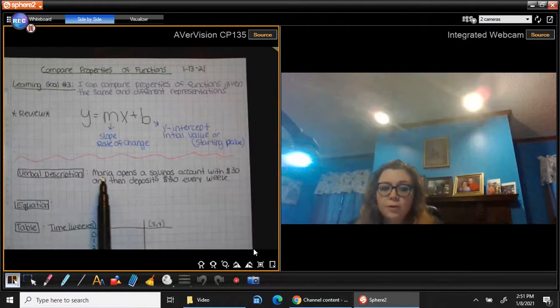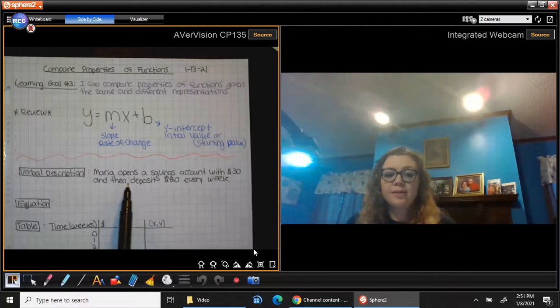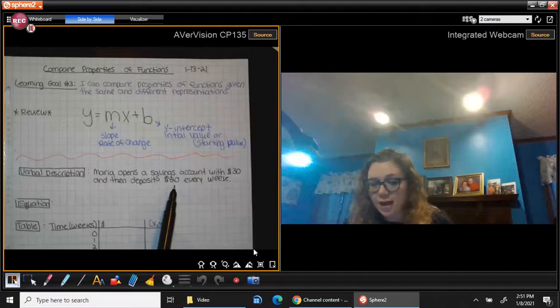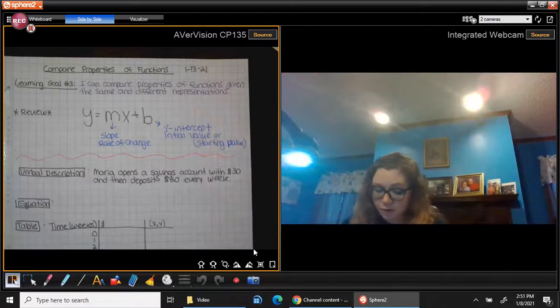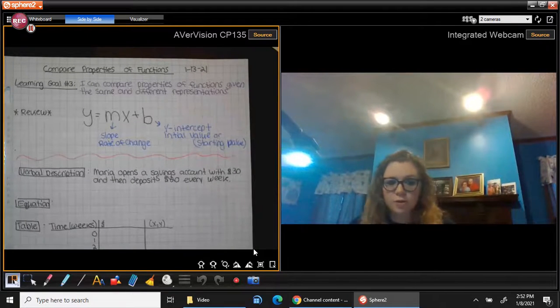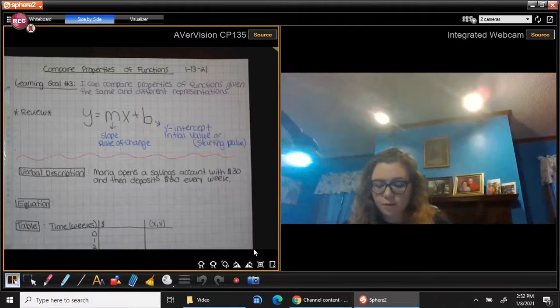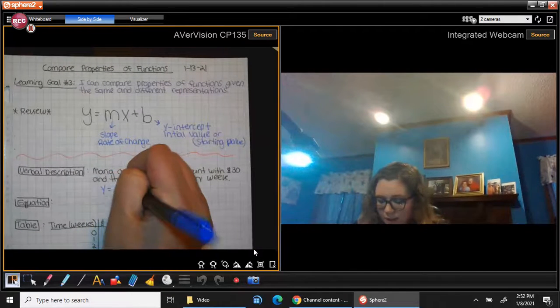Maria opens a savings account with $30 and then deposits $20 every week. We've done this before, but if not, we're going to write an equation to this word problem. Remember when we want to write an equation, it's y equals mx plus b.